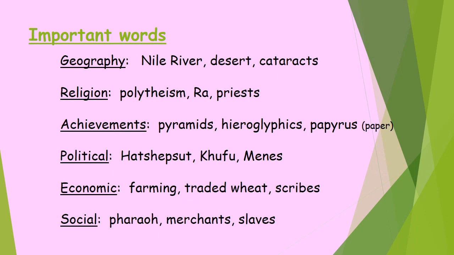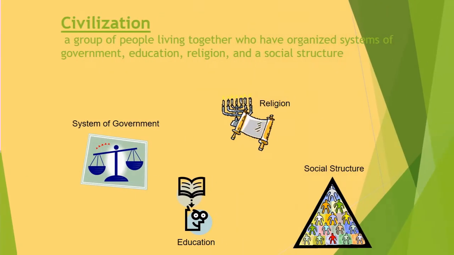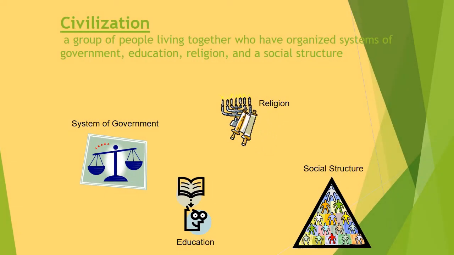Economic: farming, trade, wheat, and scribes are important for the economy of ancient Egypt. Social, that means the people: pharaohs, merchants, and slaves. Civilization: a group of people living together who have an organized system of government, education, religion, and a social structure.